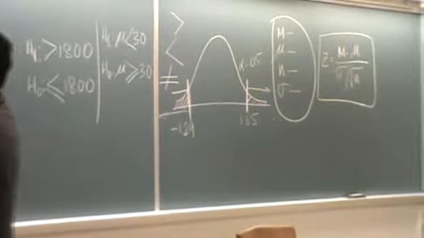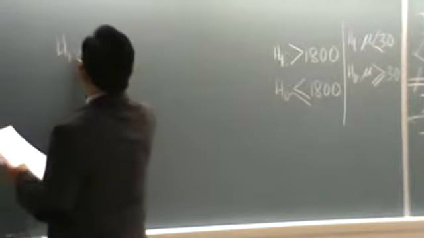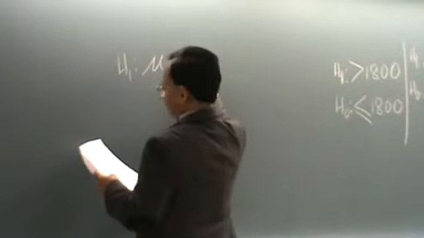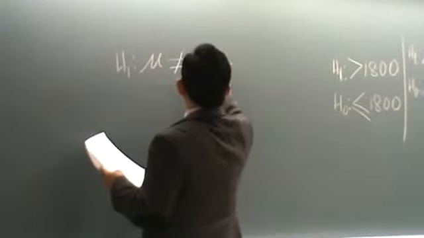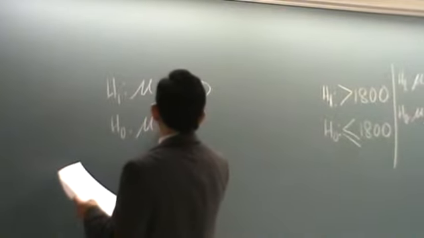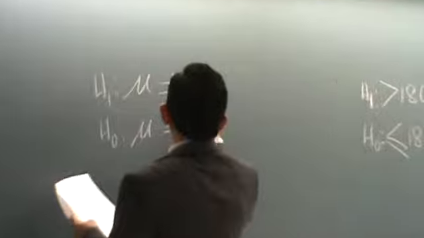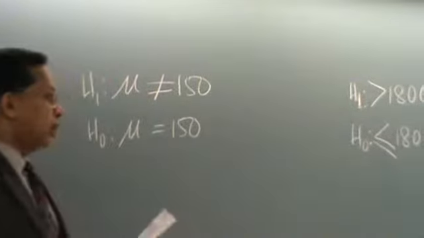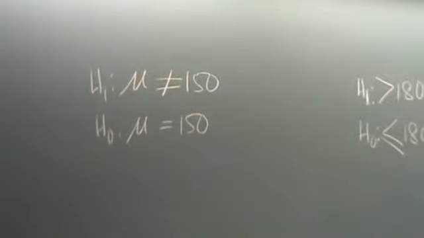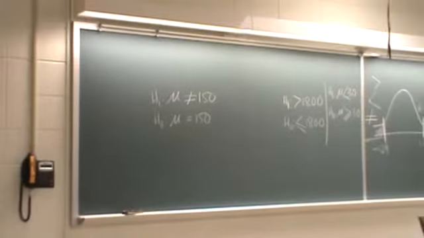So your alternate hypothesis is mu not equal to $150. This is the population mean.